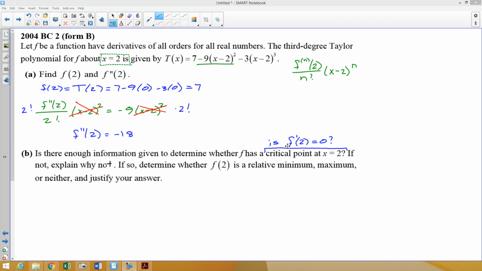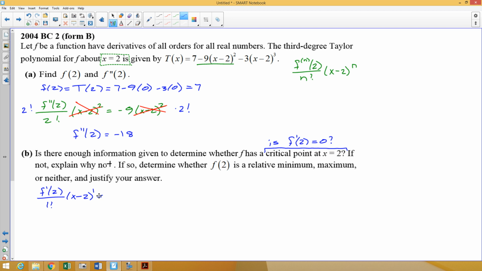So first we're going to find f prime of 2. I'm going to do that the exact same way I found f double prime of 2 and f of 2 up in part A. If I use my Taylor polynomial formula, f prime of 2 over 1 factorial times x minus 2 to the first, if I look at my series, there is no x minus 2 to the first term.